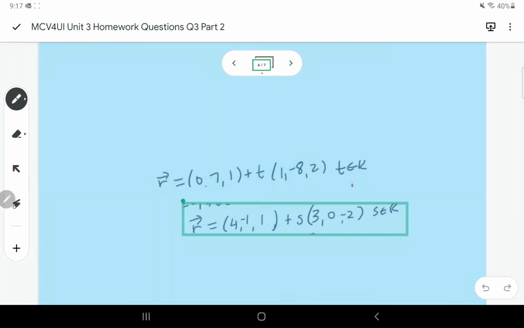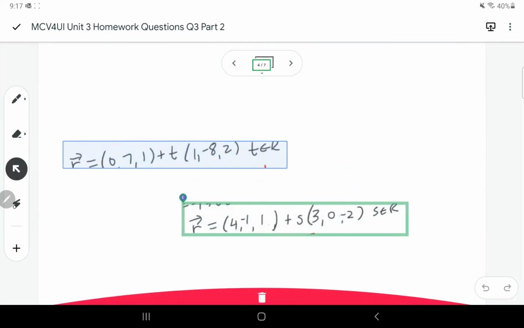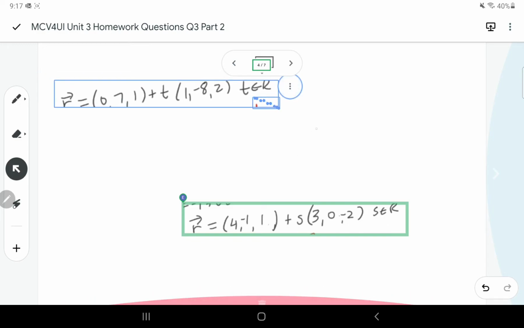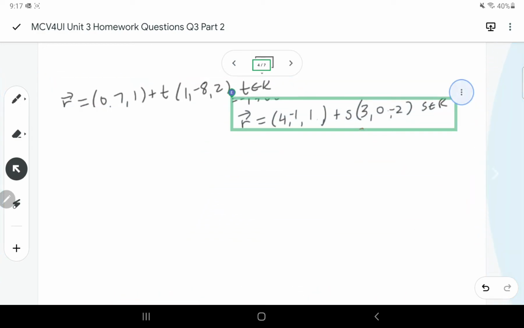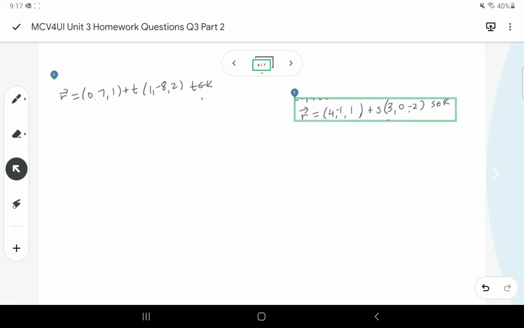So if we wanted to find POI, here we go. I have these two lines. I know that I need to write them both in parametric form and then solve for POI.